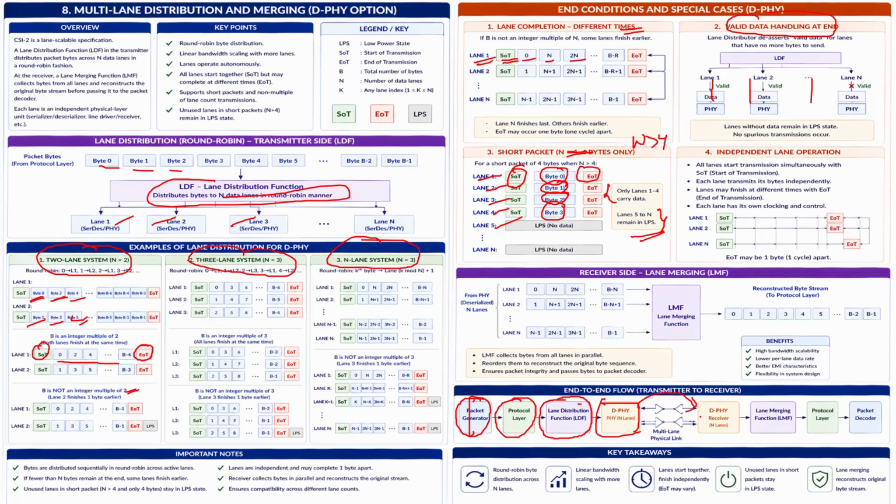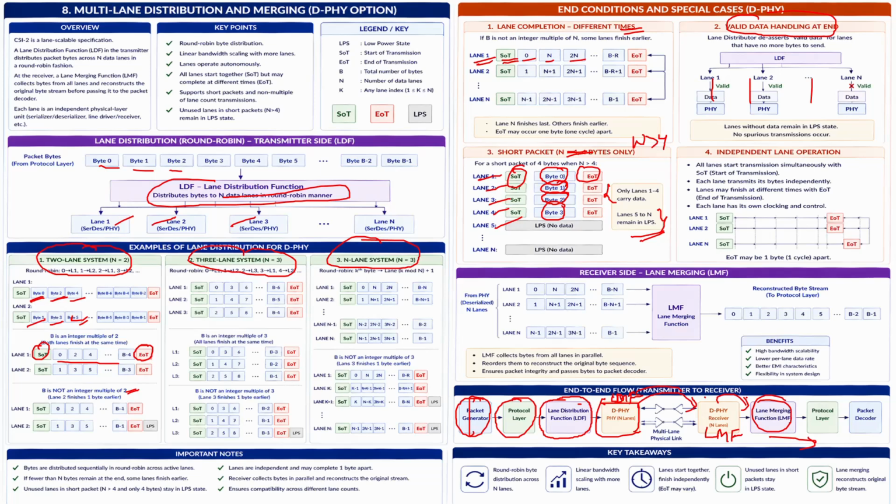Here the lane distribution function is there, and here the lane merging function is there. This lane merging function receives all the data and transmits it in serialized form. So here serialized and here deserialized data packets will be there.